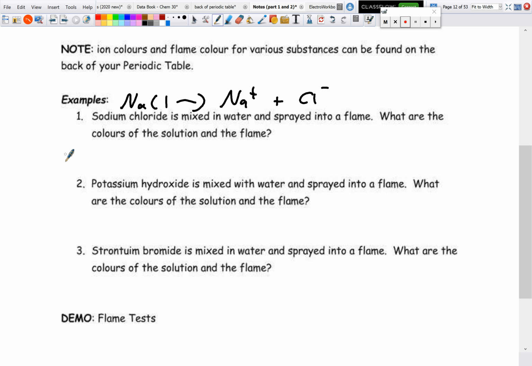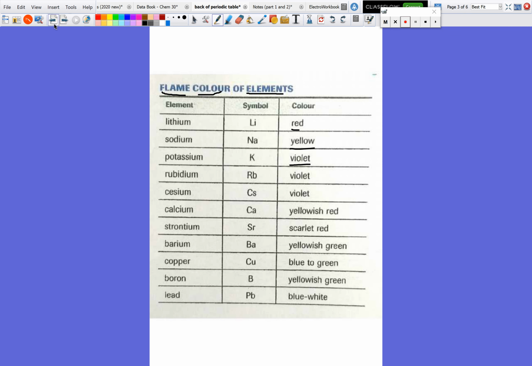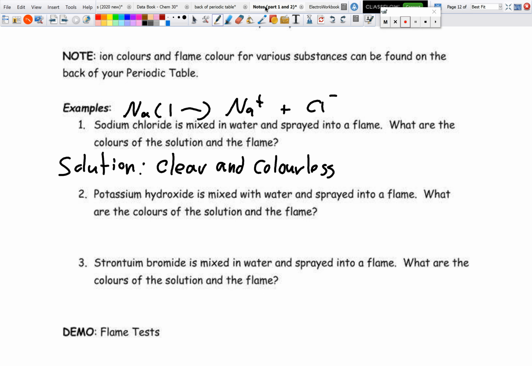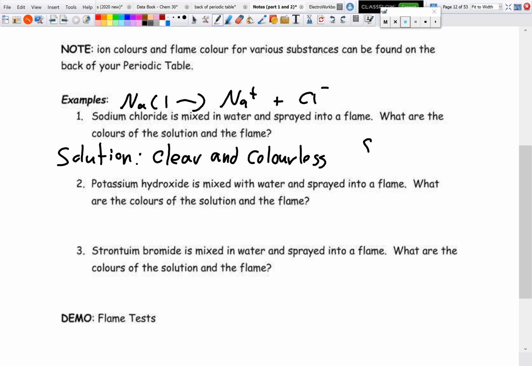So that means our solution should be clear and colorless. Because if you look at the back of your periodic table, under colors of common aqueous ions, you'll notice sodium and chloride do not show up here. If they don't show up here, they're not going to produce a color, so it's going to be clear and colorless.